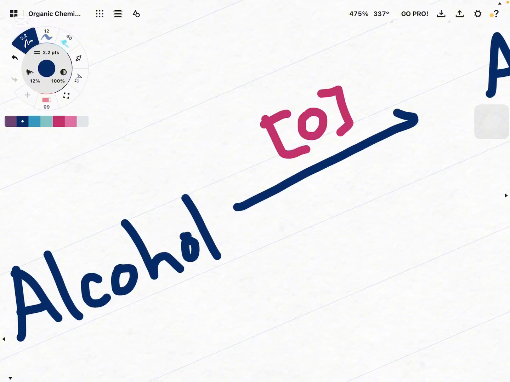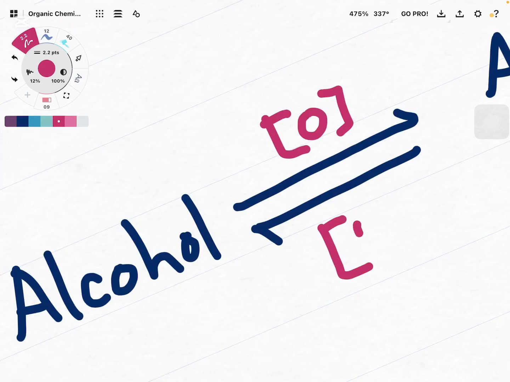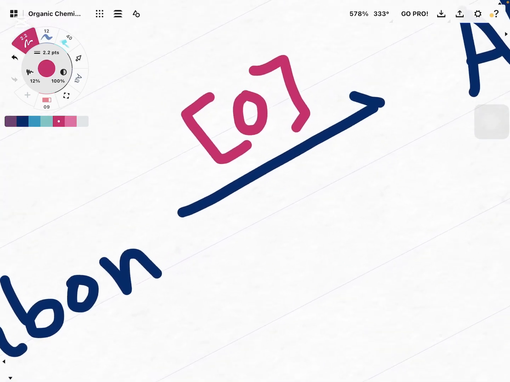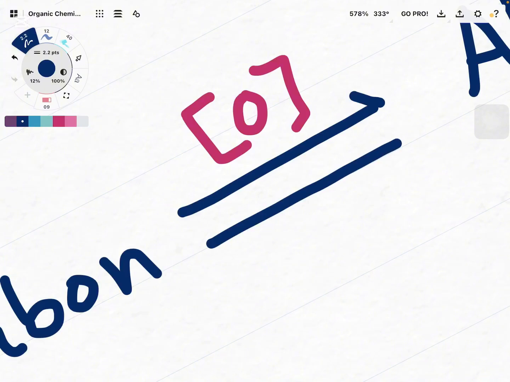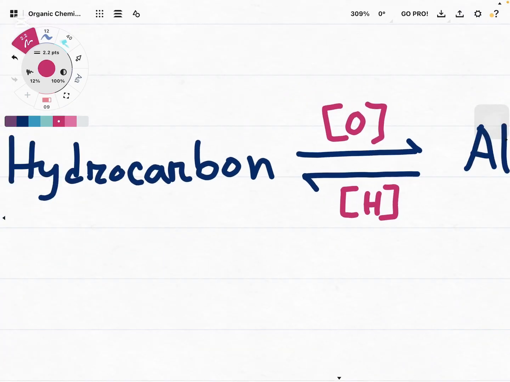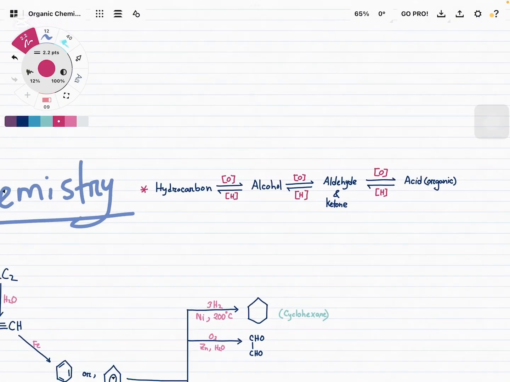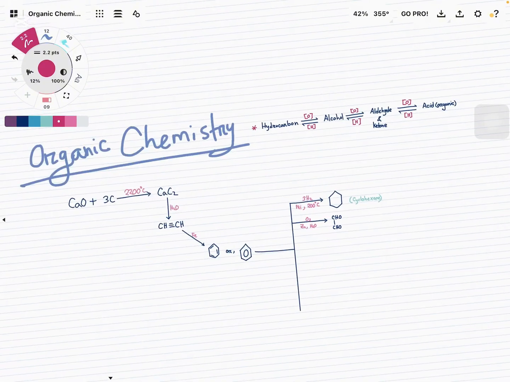And if we do further, it becomes alcohol. And with a further reaction, it comes back to hydrocarbon. So it is a basic you will need to know for our further reactions.